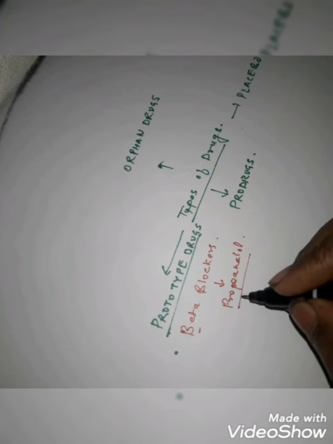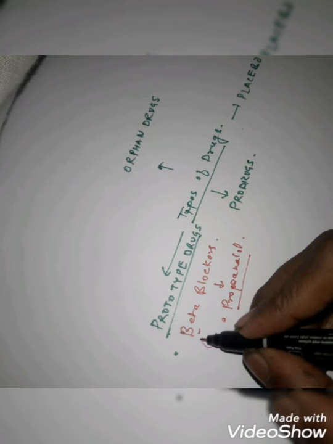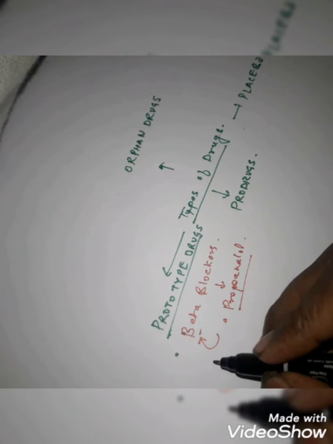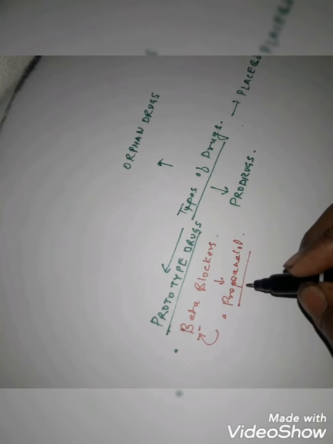One member is propranolol, which has the chemical properties responsible for blocking the beta receptors. So here is one example.